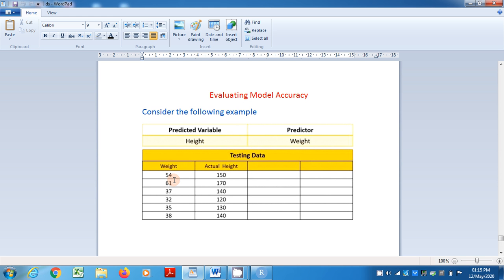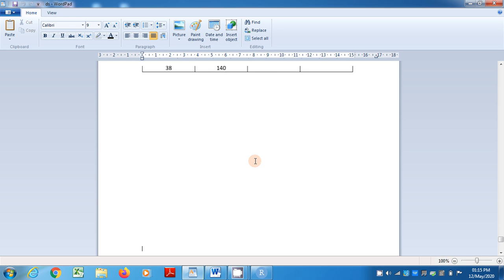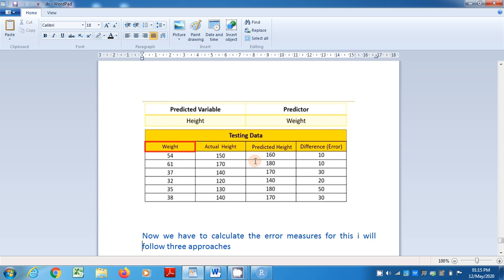After prediction, I got this. These are the predicted values. These are the actual heights, these are the predicted heights. If you supply 54, the actual height is 150, but the machine is giving 160. When you supply 61, the actual height is 170, but the machine is giving 180 predicted height.